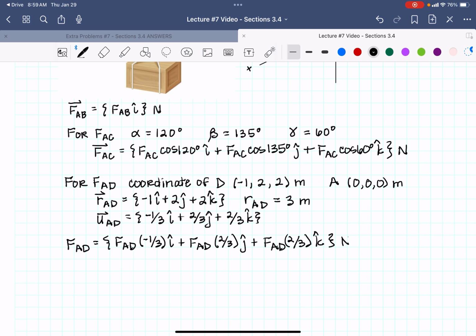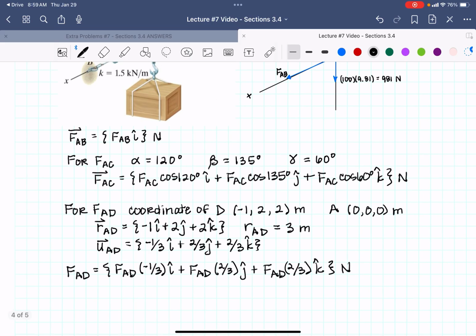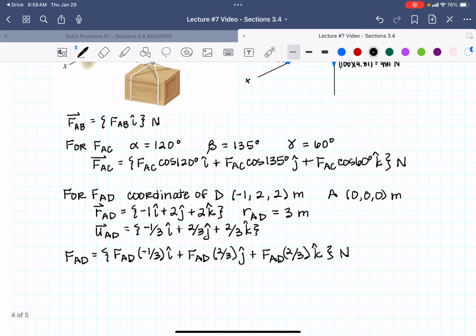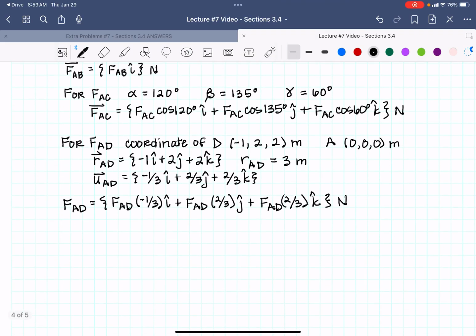All newtons. So those are my three forces. Don't forget that you have a 981 Newton force going in the negative z direction for when I do my z equilibrium. So I'm going to start with my x.